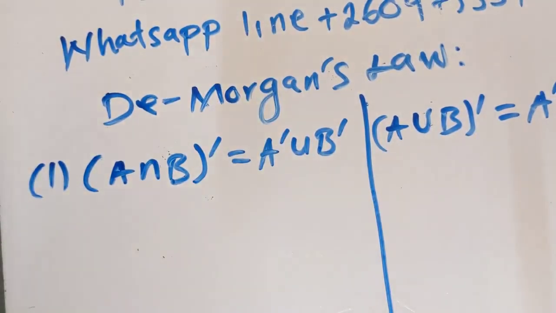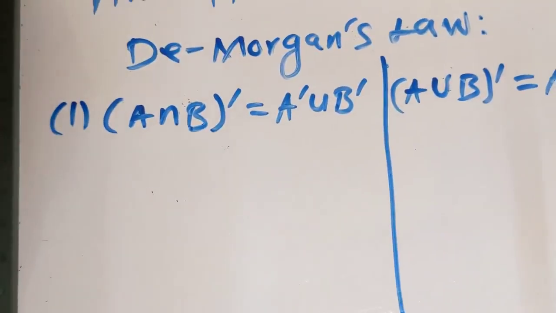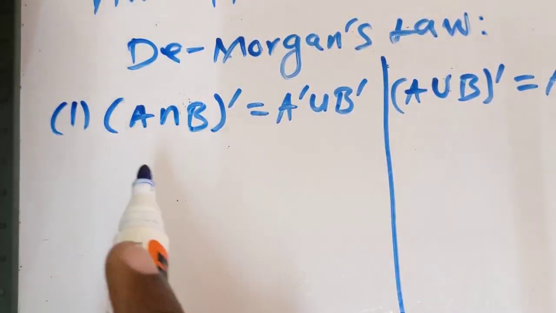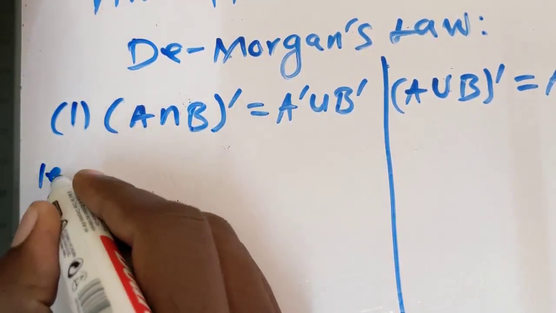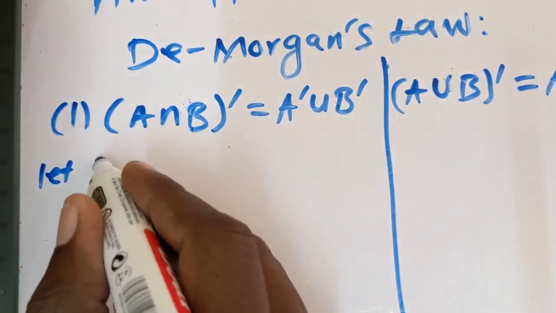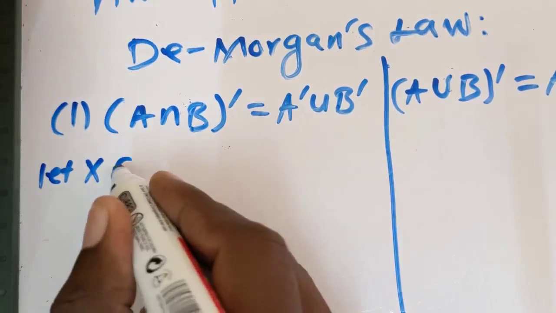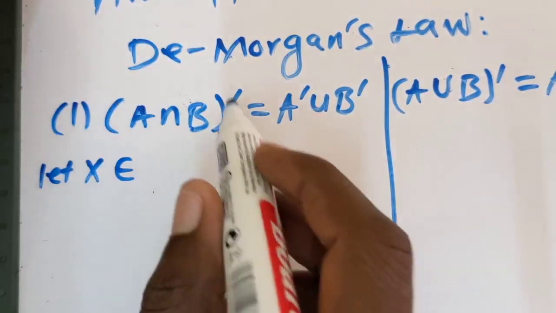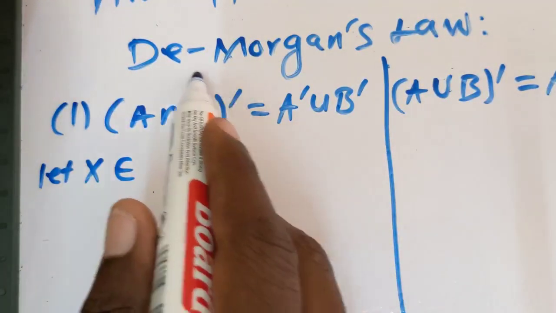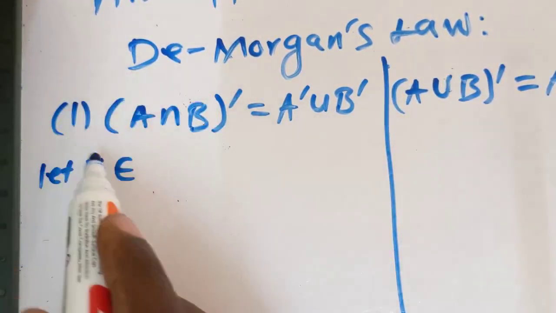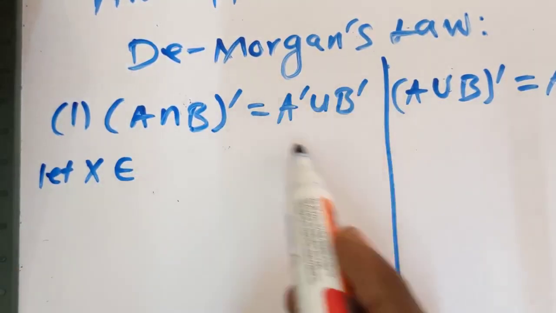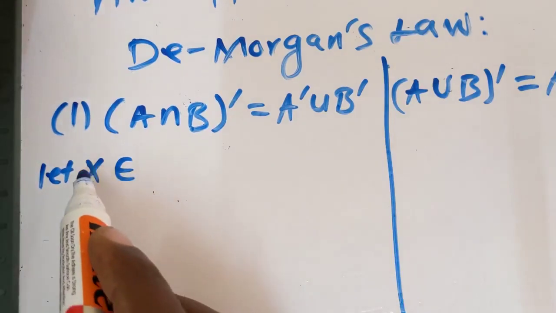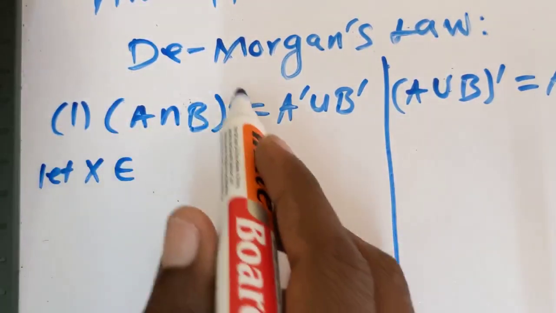The way we solve De Morgan's law, I want you to pay attention to this one. We say let X be a member of this first part which is here. We want to show that this part on the left hand side is equal to this part on the right hand side.